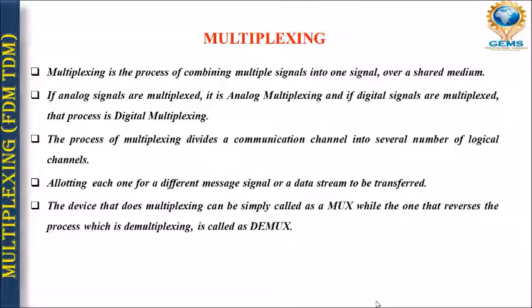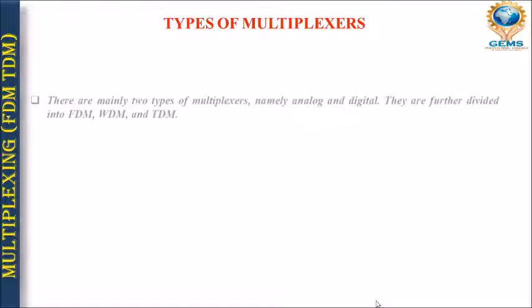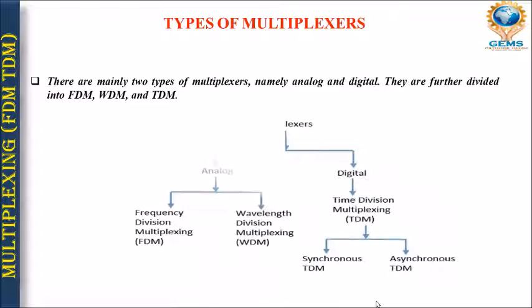So let's talk about what the different types of multiplexer are. Multiplexers may be analog or digital, right? And further they may be divided into three parts, that is frequency division multiplexing, time division multiplexing, and wavelength division multiplexing. So this is the entire diagram of the multiplexer.